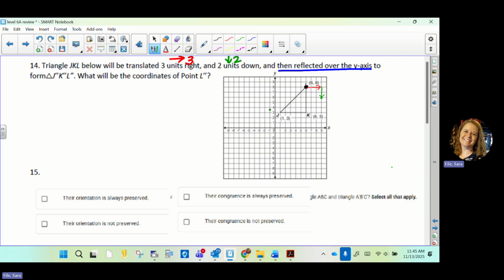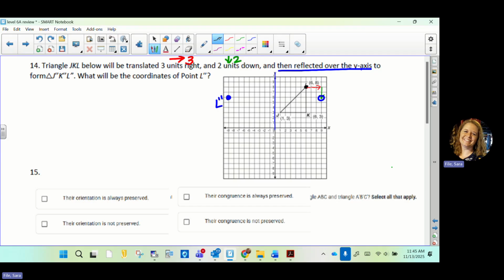So here's the y-axis. If I'm reflecting across that y-axis, that point right here is 9 away from the y-axis. So I have to go 9 in the opposite direction. So it would put me over here. That's where L double prime would end up, and you could list the coordinates. Or if it asks you to plot that point or select it, that's what you should be selecting.